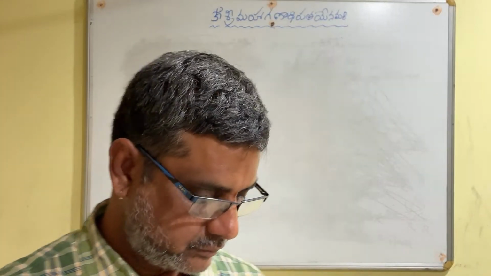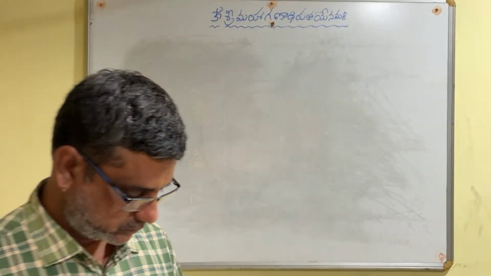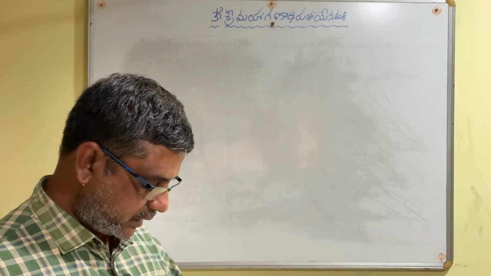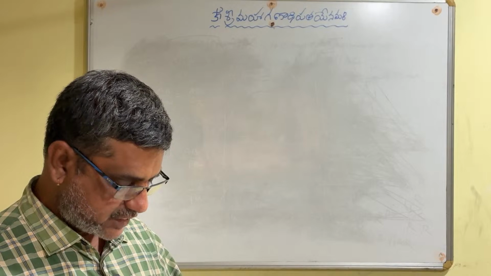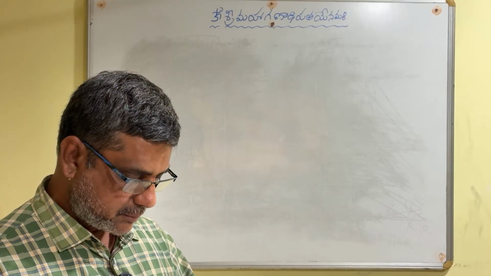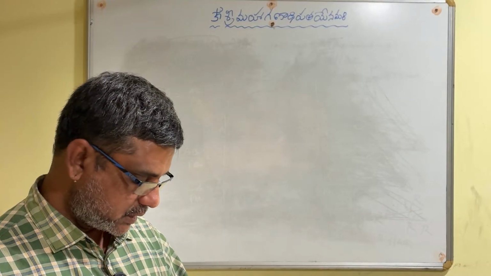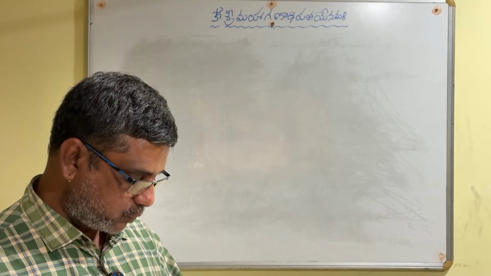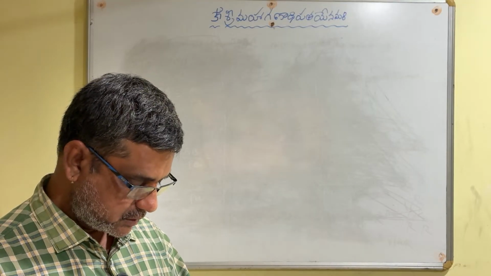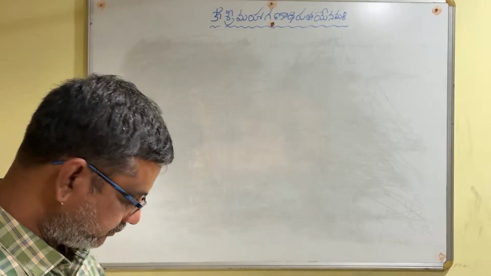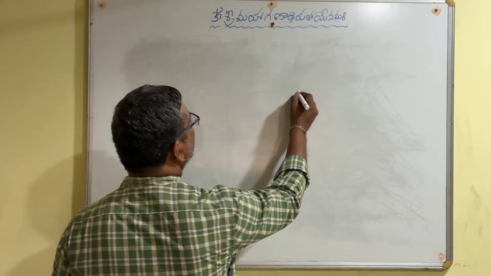Now, third question. Tangent PQ at a point P of the circle of radius 5 centimeters meets a line through center O at a point Q so that OQ is 12 centimeters. Find the length of PQ.